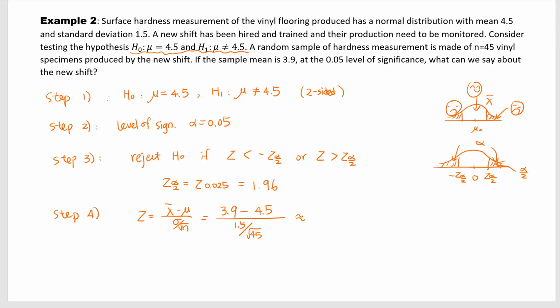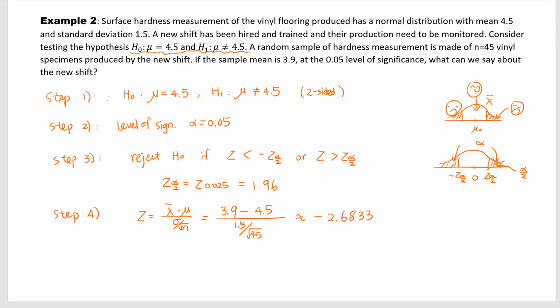Alright, so parentheses 3.9 minus 4.5 parentheses divided by 1.5, then times, because you divide by square root, it becomes times square root of 45. I hope everybody practices how to type this in your calculator, because it's not trivial.